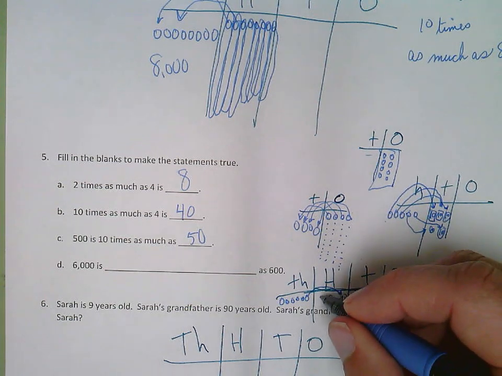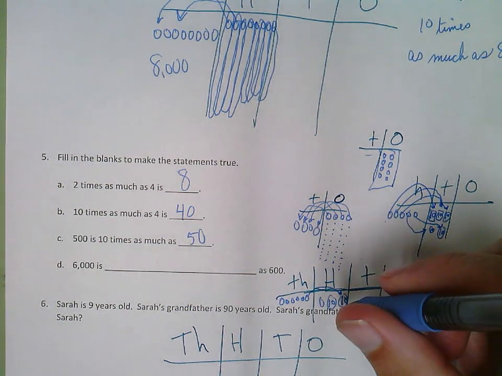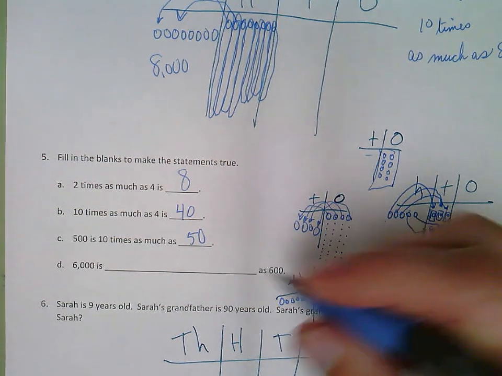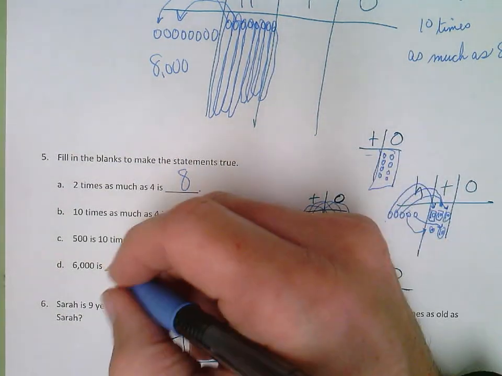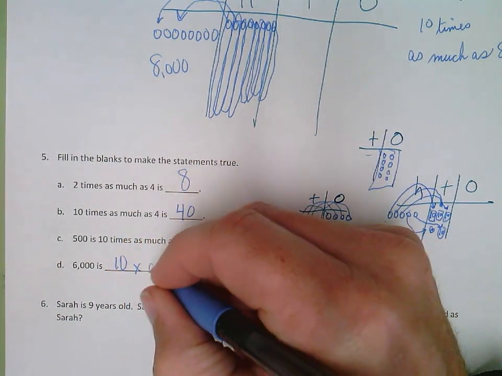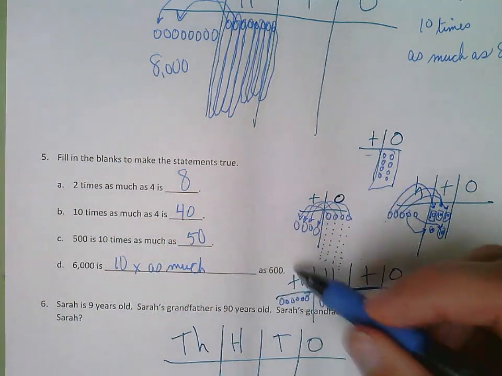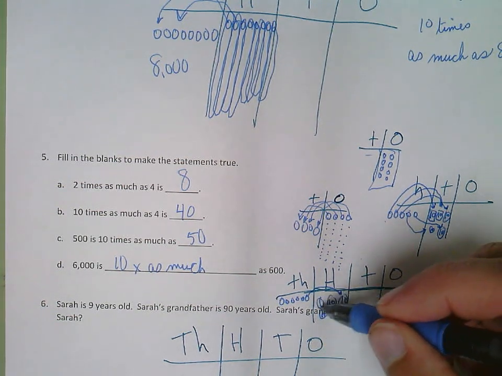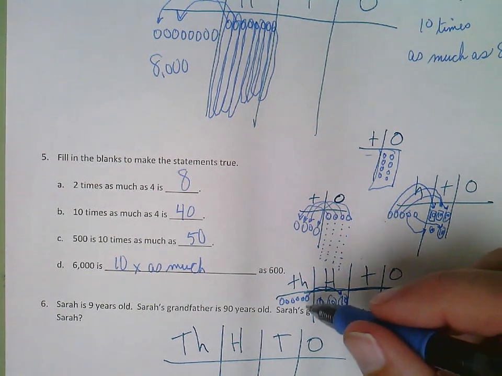So it'd give me 6 groups of 10 hundreds, which would be 60 hundreds. So we can say that the 6,000 is 10 times as much as 600, because I have my 6 groups of 10 hundreds. Each one of those groups is going to push over to be a group of 1,000 in my place value.